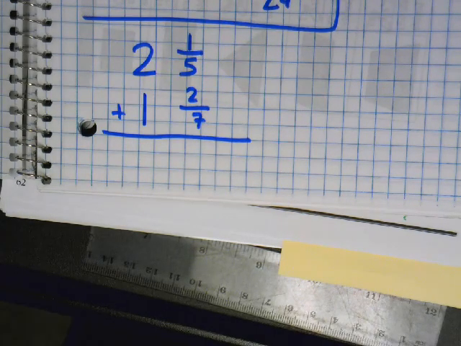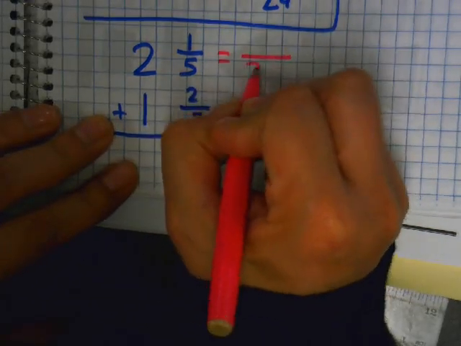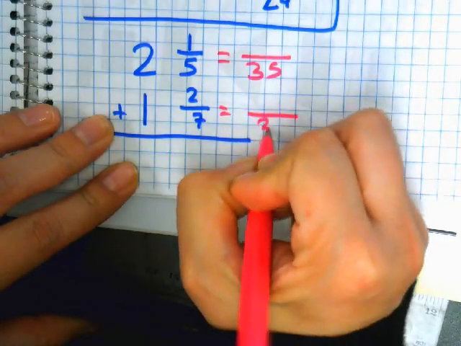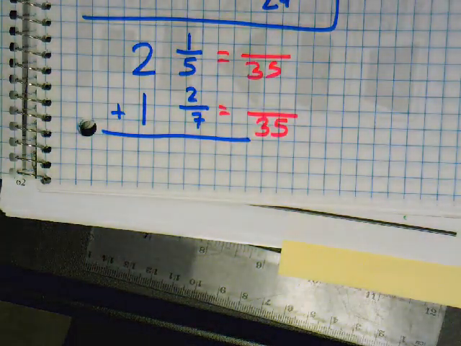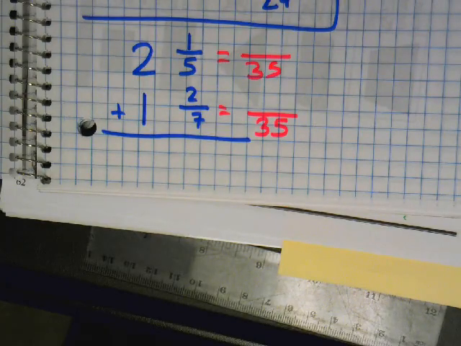What do they have in common? 35. Good. So set this one equal to 35. Now ask yourself, 5 times what is 35? 7. And 7 times what is 35? 5. And do it to the top.